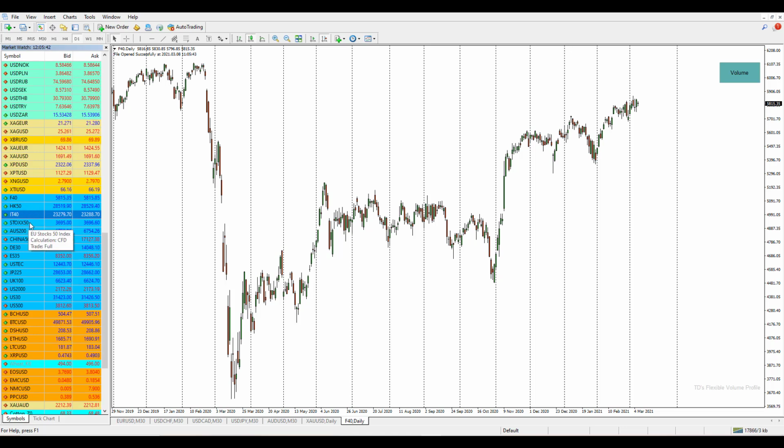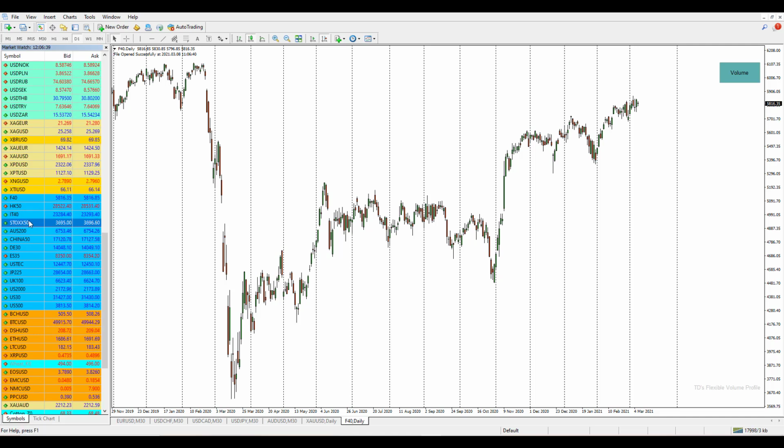All right, so for example, this is the ticker Stoxx 50, and if you hover your mouse over it, you'll see that it represents the European Stoxx 50 index. All right, so you can trade those indices with those CFDs.